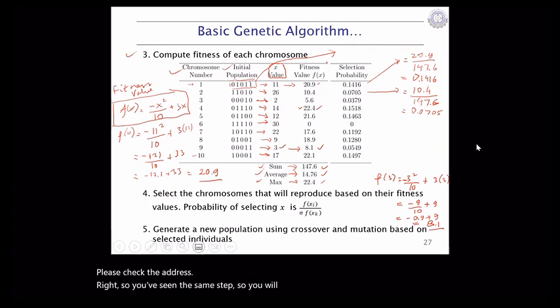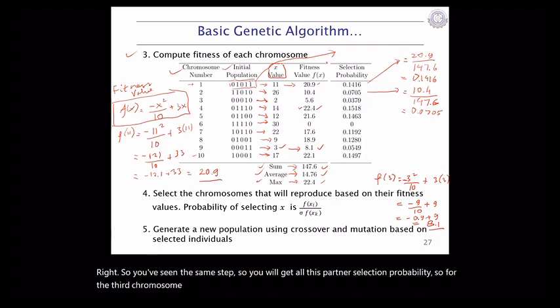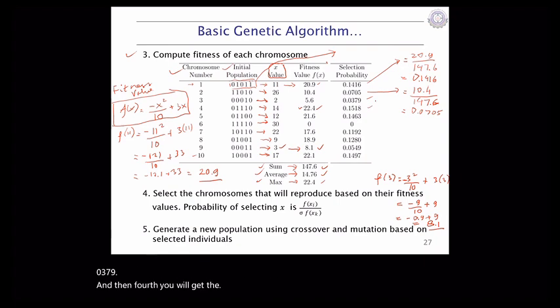You will get all this part, the selection probability. So for the third chromosome, you will get 0.0379. And then fourth, you will get 0.1518, then 0.1192, 0.1280, 0.0549, and 0.1497.